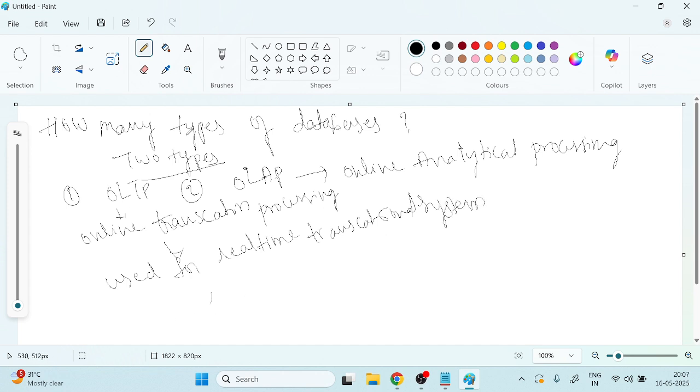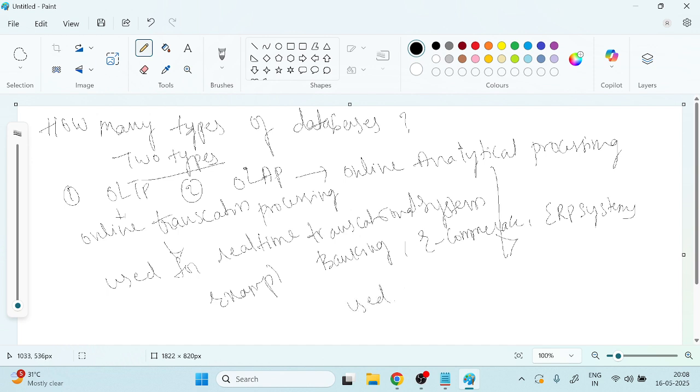And for example, it will take banking sectors, where online transactions happen, and e-commerce, online payments, online orders. Okay, so ERP systems also. And after that, what we have is online analytical processing.